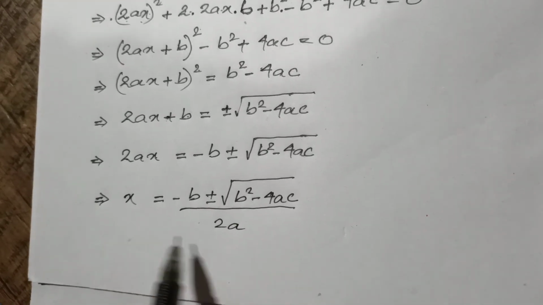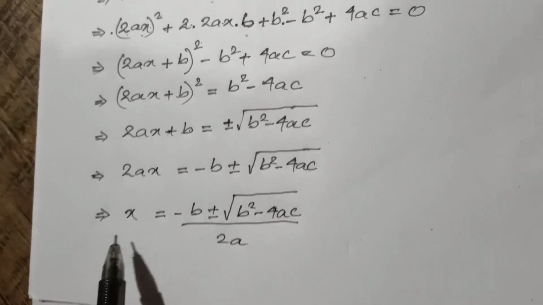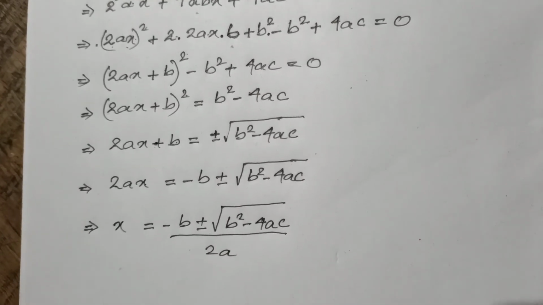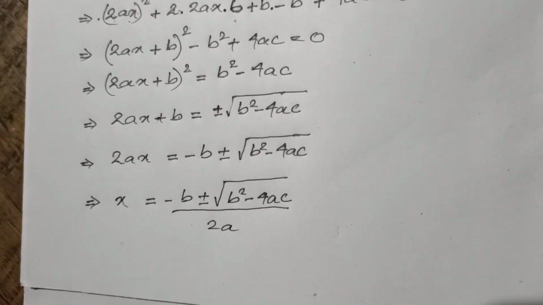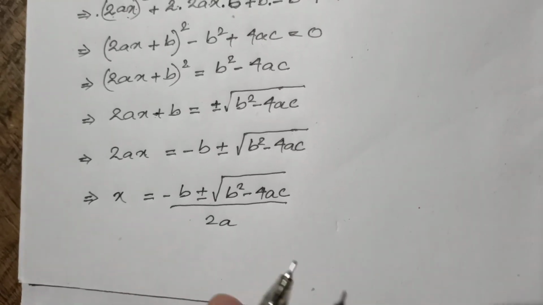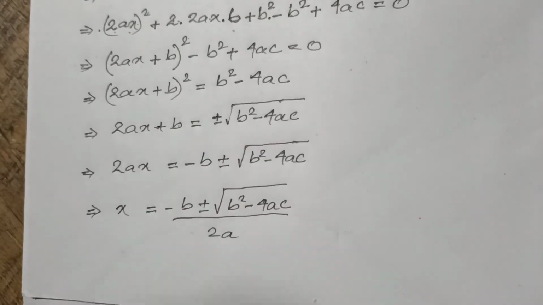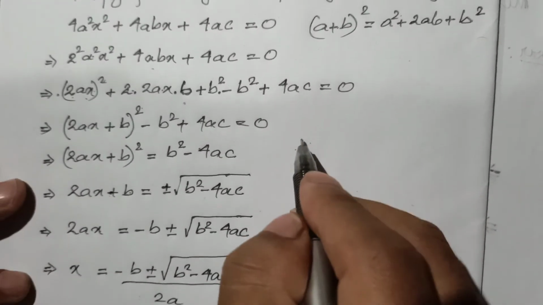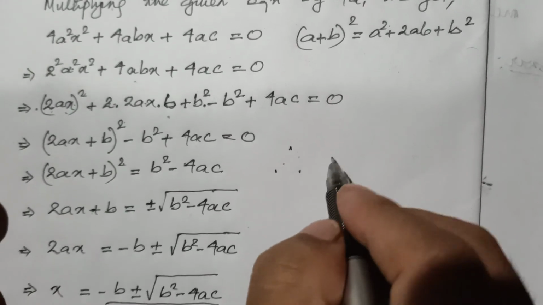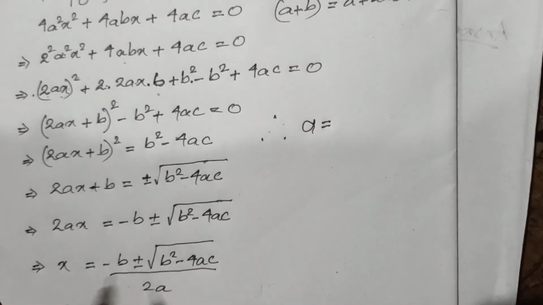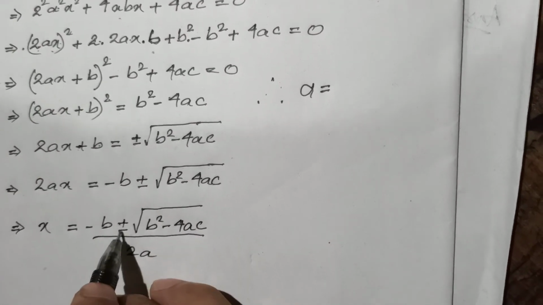So this is how we find the roots of the quadratic equation, the x value. Talking about the roots, there are two roots of the quadratic equation. And remember, roots of the quadratic equation simply means the zeros of the polynomial. There can be two zeros of the polynomial, that is why there will be two roots here. Therefore, the two roots are alpha and beta. For alpha you take plus, and for beta you take minus.